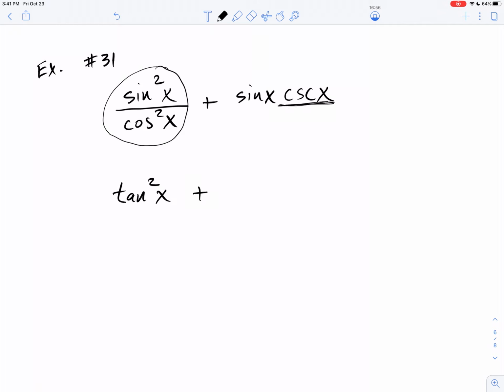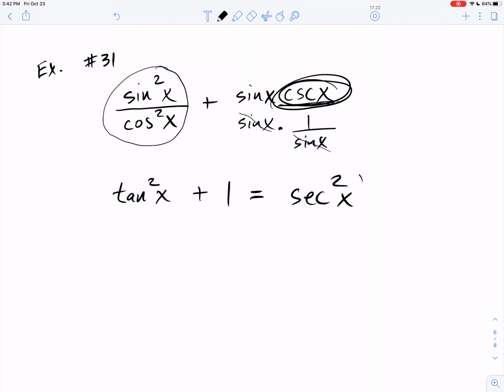This guy right here is just 1 over sine. So what they have here is sine x times 1 over sine x. Let's cancel that. So I get tangent squared x plus 1. Number 31, that's the answer. You can check it. The answer key is there.